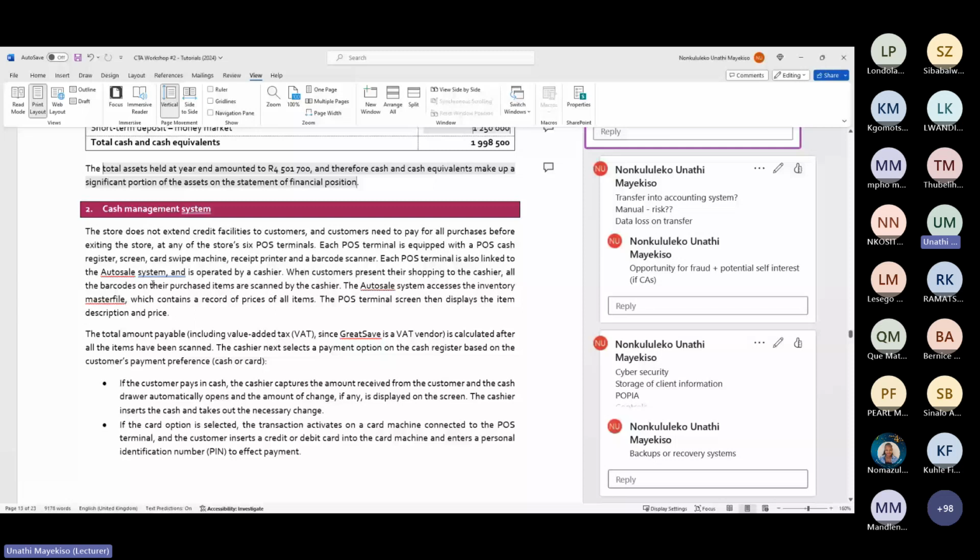The auto sales system accesses the inventory master file, which contains a record of all prices of all items. The terminal screen then displays the item description and price. What are we thinking there?